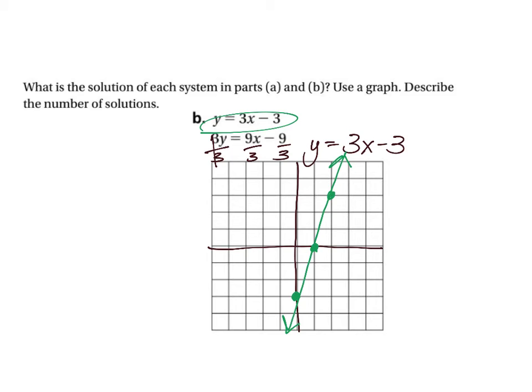And when I go to graph the second one, I also have a y-intercept at -3 and a slope of 3. What do y'all notice? It's the same equation. So when I go to write this down, it's going to be the same equation.